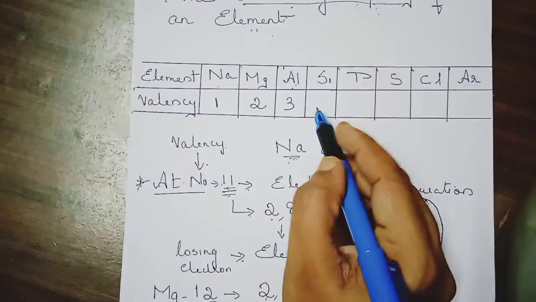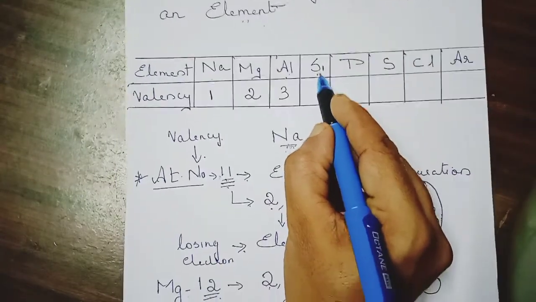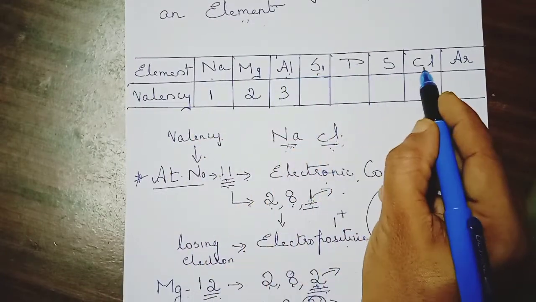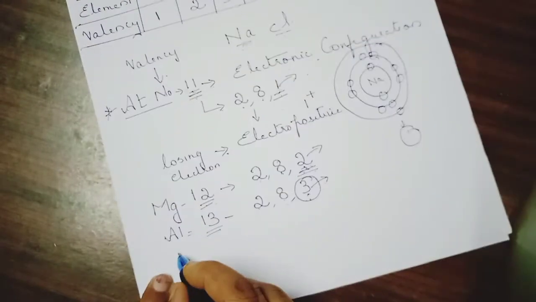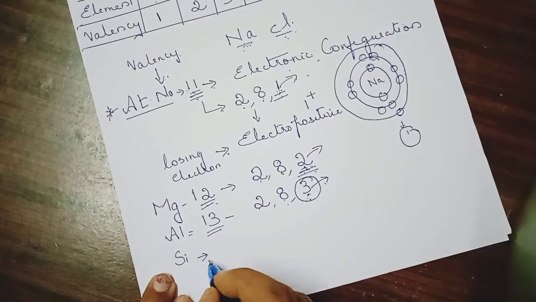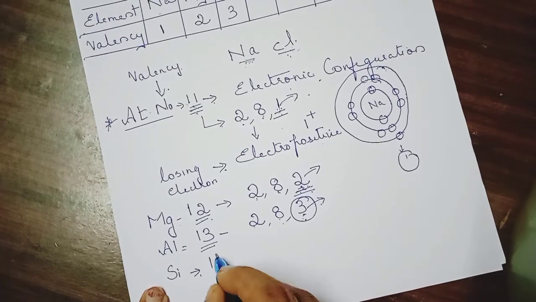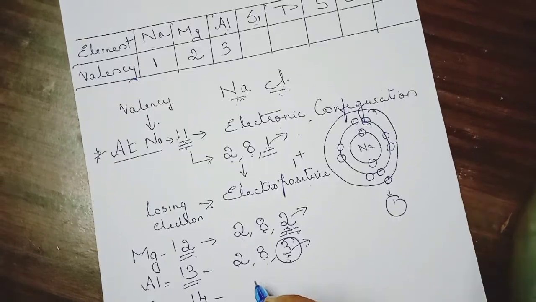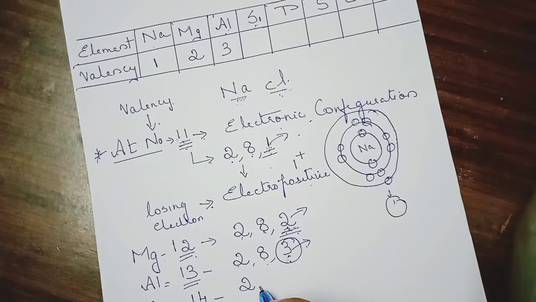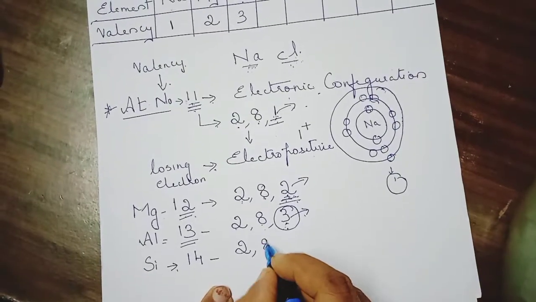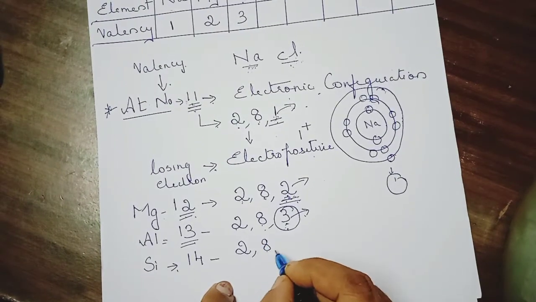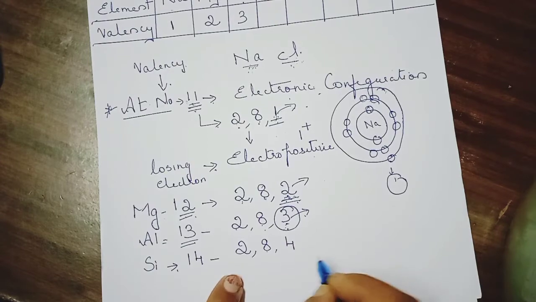Next we have silicon. These are the elements across the period. Silicon has atomic number 14, and the electronic configuration will be 2, 8, that is 2 plus 8 is 10, and 4.